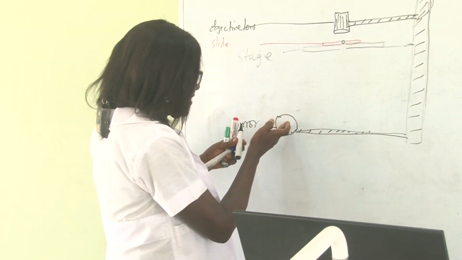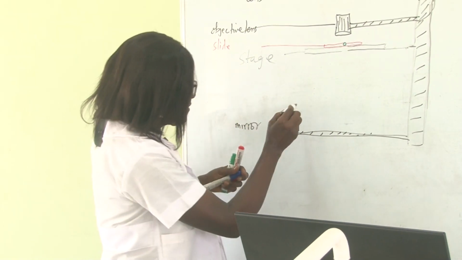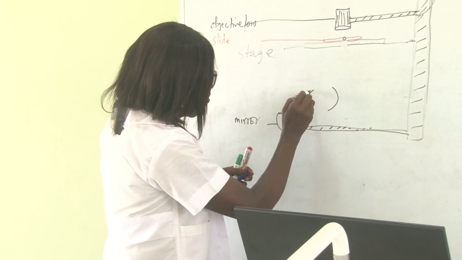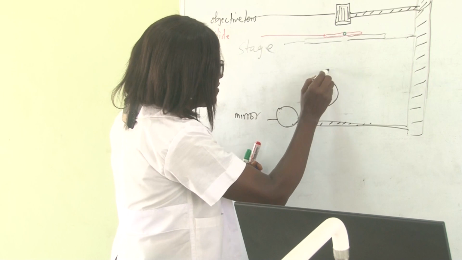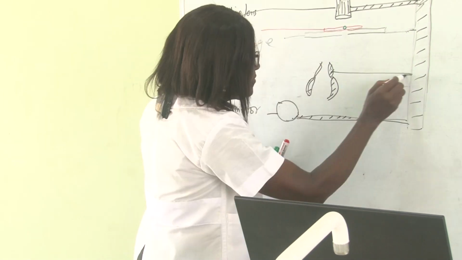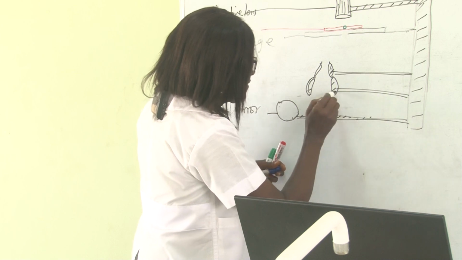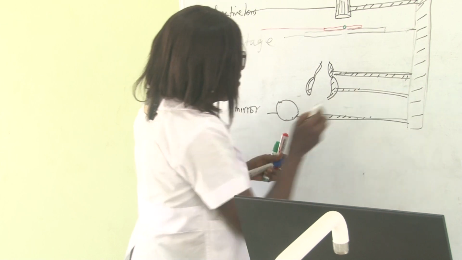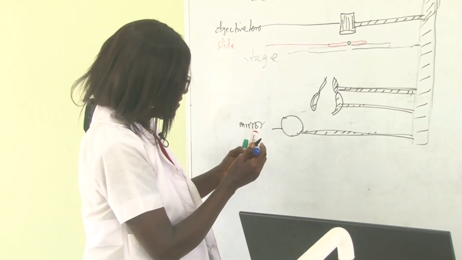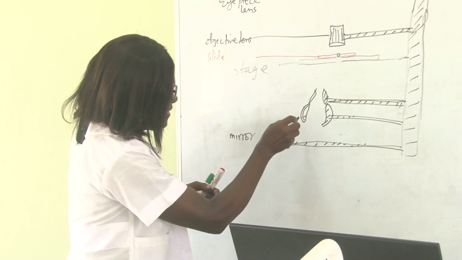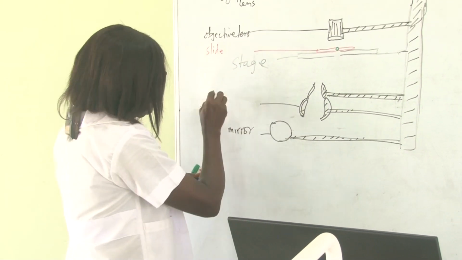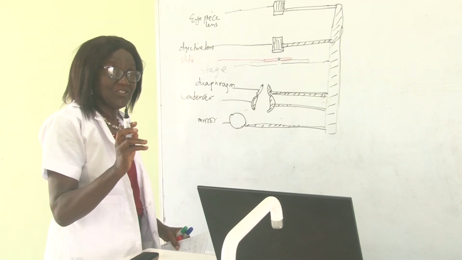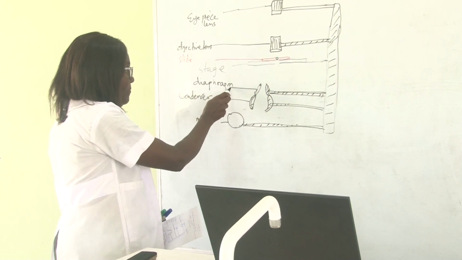If light is trapped by the mirror, the light is passed through two structures to concentrate the light. One of these structures is called the condenser. And the other structure is called the diaphragm.